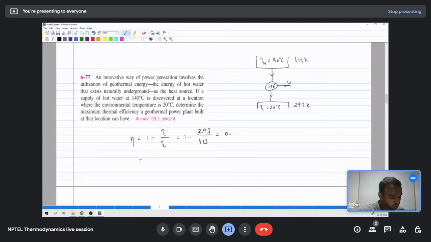This is 0.29055, or efficiency is 29.1%. Moving on to the next problem.